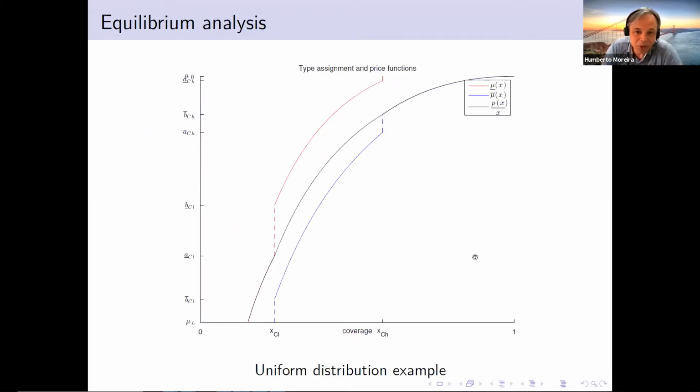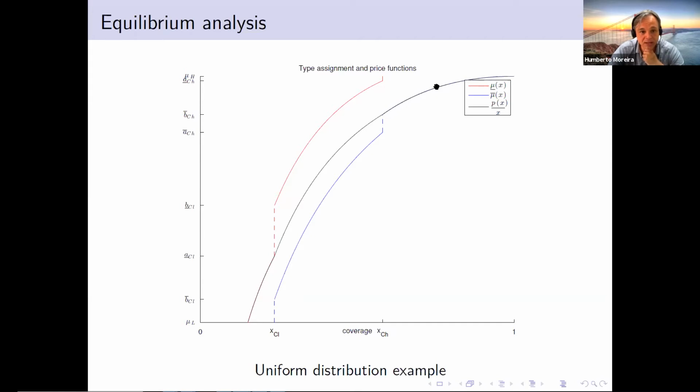So maybe a picture is going to be more clarifying in terms of the characterization of the equilibrium. This is a numerical example from the uniform distribution case. So the equilibrium object is going to be like this. For the high level of coverage, you're going to have just one type choosing that level, which is exactly the high risk averse type.